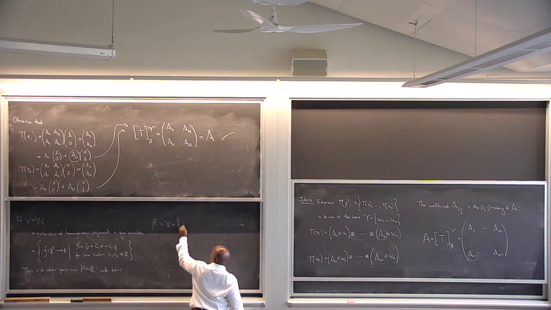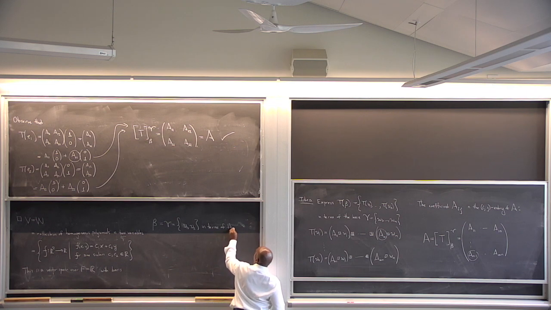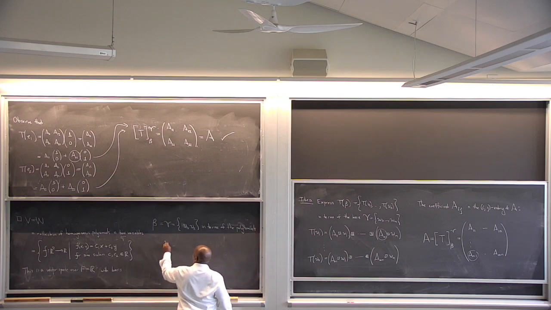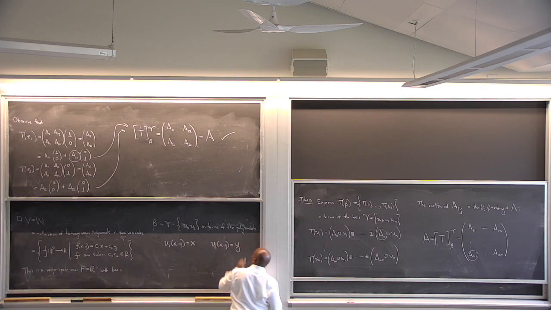And this will consist of v1 and v2 in terms of the following polynomials. v1 of x and y is just the polynomial x, and v2 of x and y will be the polynomial that's just y.